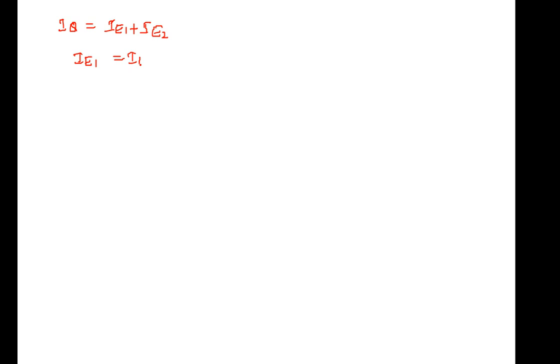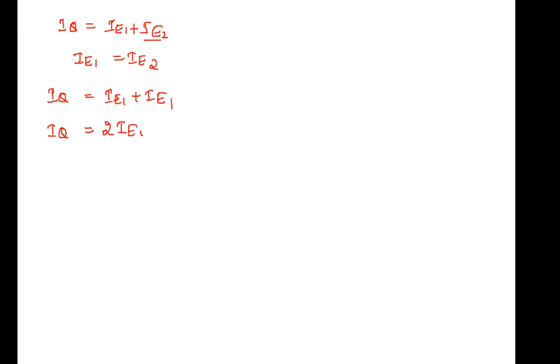When the currents IE1 equal to IE2, in place of IE2 I can write IE1. So IQ equal to IE1 plus IE1. From this I can write IQ equal to 2 into IE1.